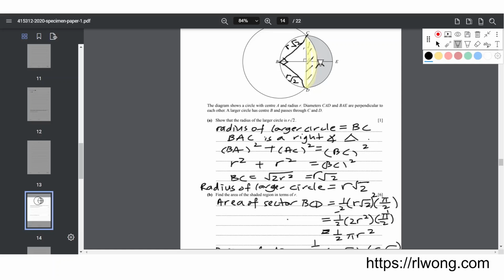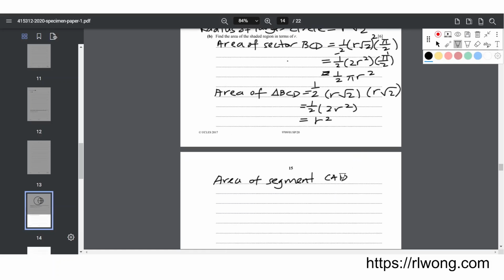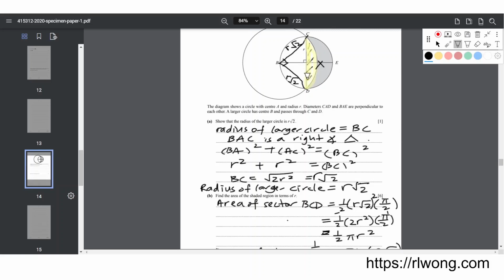Let me call it CADX, then X marked in figure. So it will be equal to the area of the sector, which is half pi r squared, minus r squared. So it is half pi minus 1, r squared, right? Okay, so I have found this yellow portion.